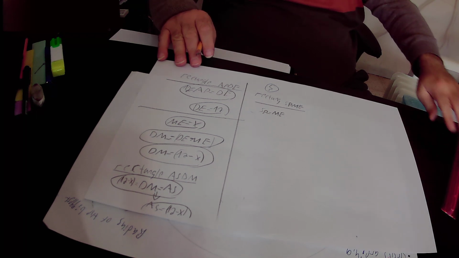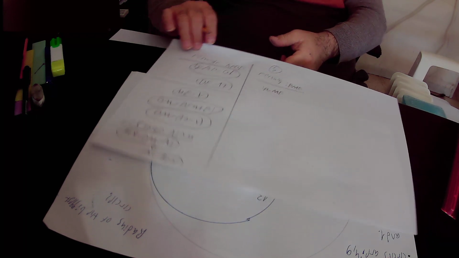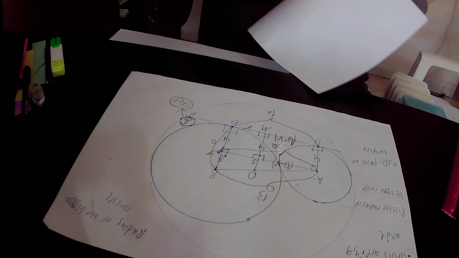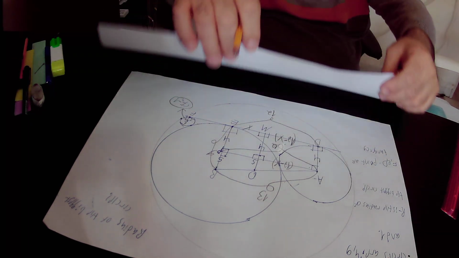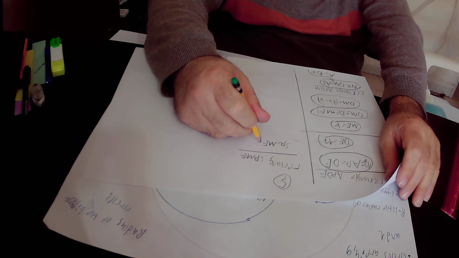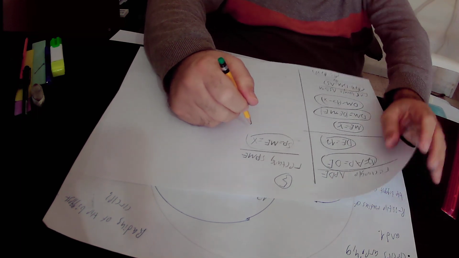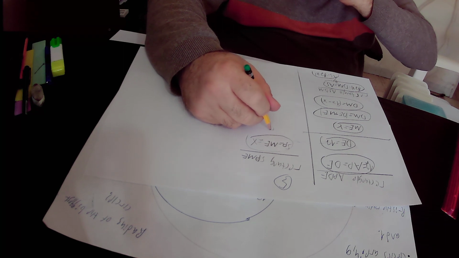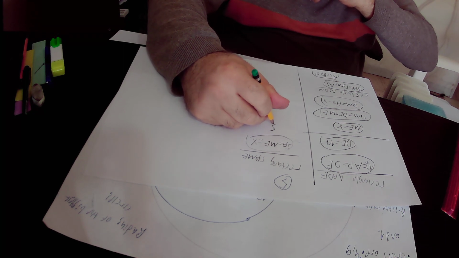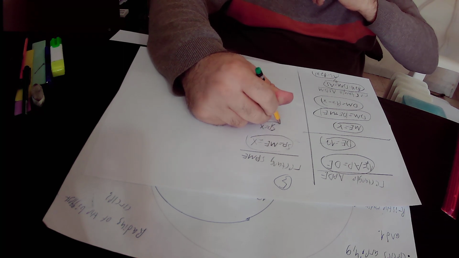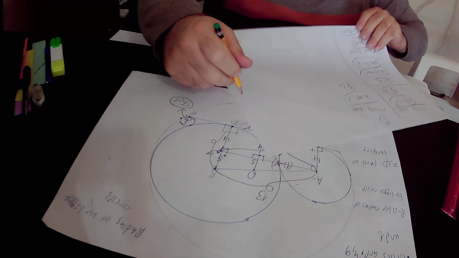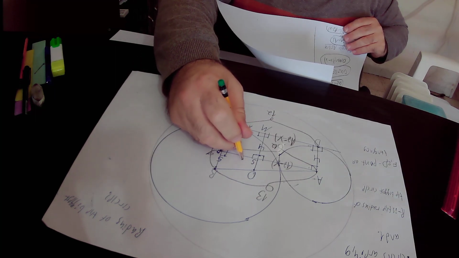That is to say, SP equals ME. But ME is equal to X according to our definition. And from this equation, we derive that SP also equals X. So we can write here that SP equals X.